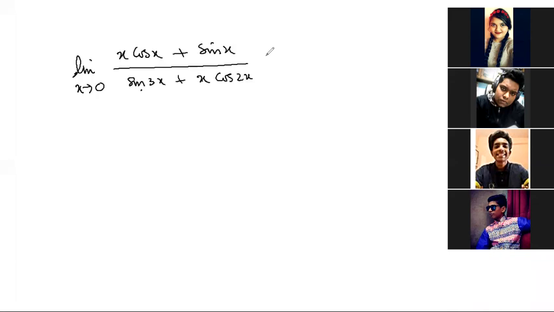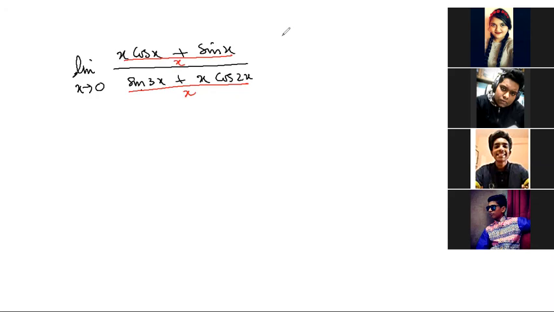So what do you have to do here? Just look, don't write. You need an x in the denominator of sin x. You need an x in the denominator of sin 3x. Then only we can do the problem. So that makes you understand that you divide numerator and denominator by x.